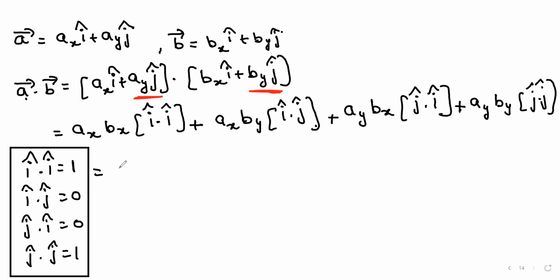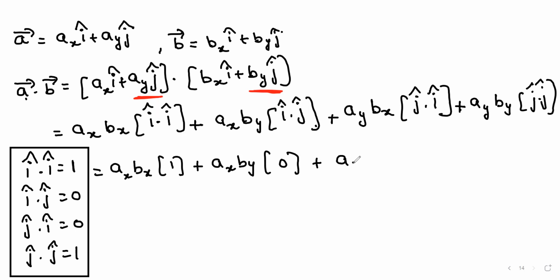We get AX BX, i dot i is 1; AX BY, i dot j is 0; AY BX, j dot i is 0; AY BY, j dot j is 1.